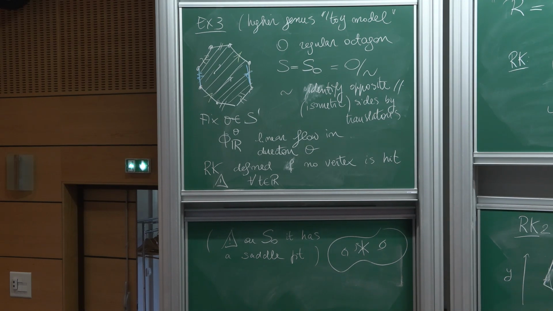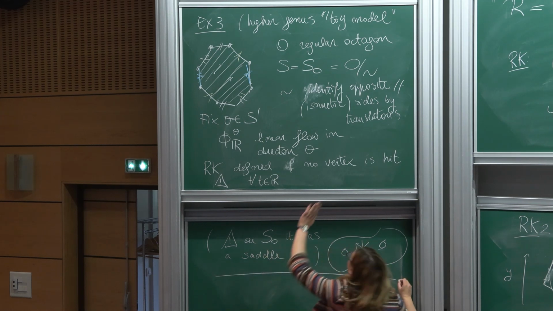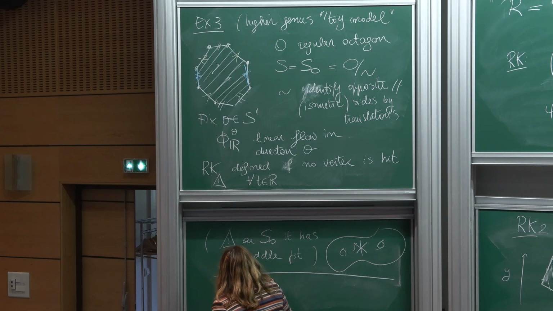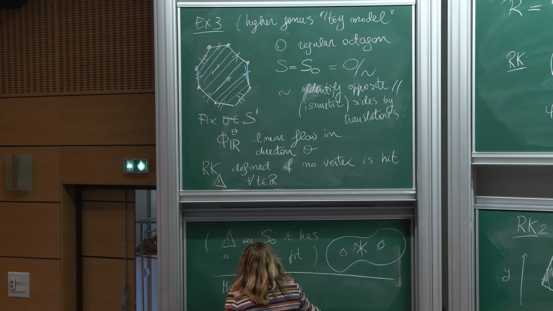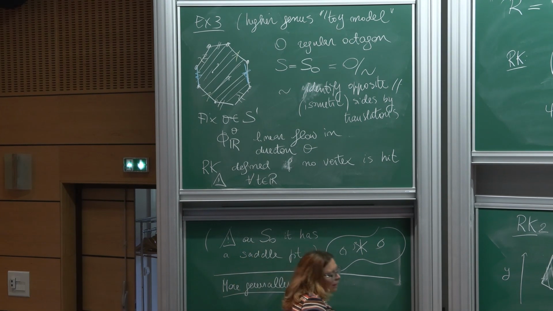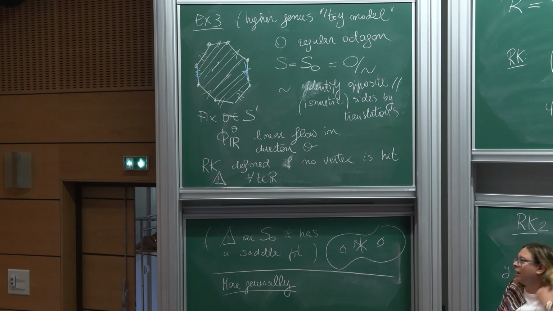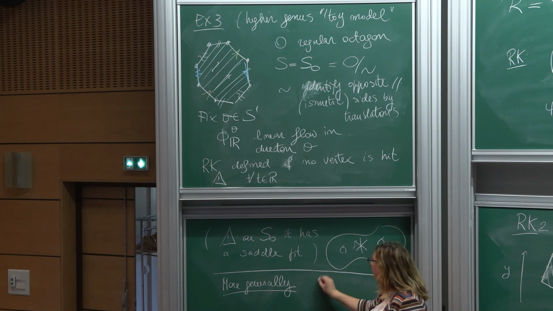More generally, the right type of surface on which you can talk about linear flows are so-called translation surfaces.